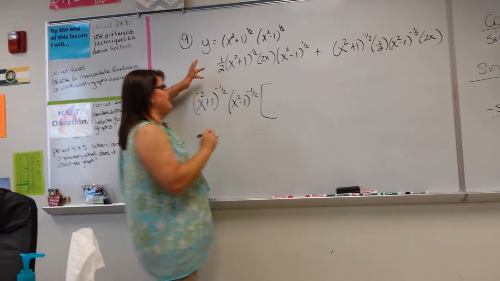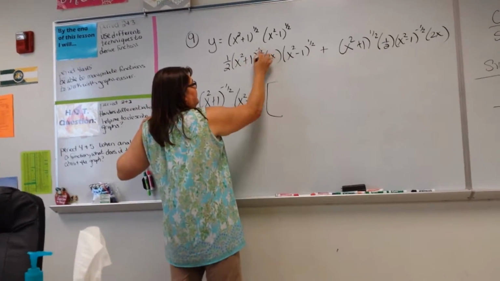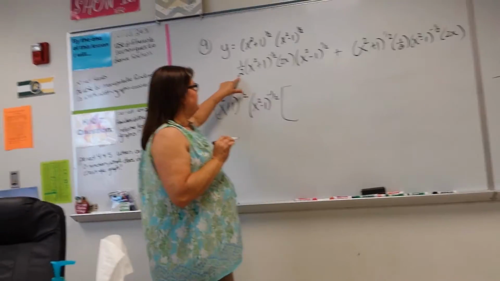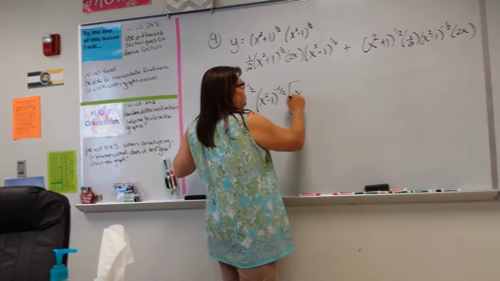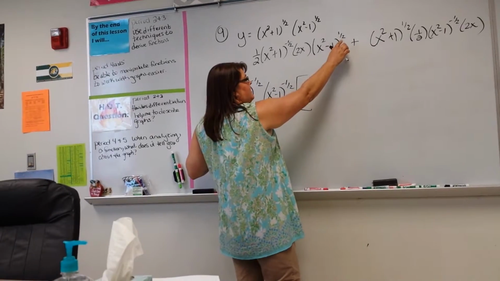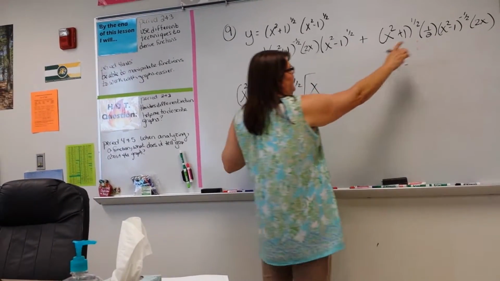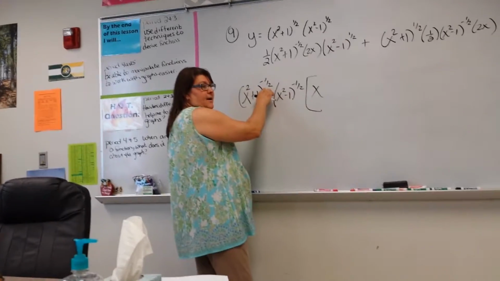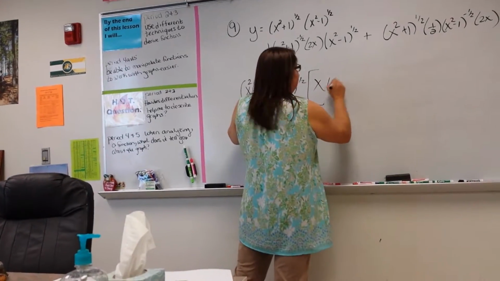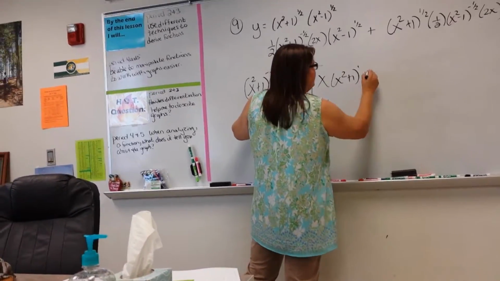Now, what's left I put in brackets. So do you agree basically that this is gone, right? And do you also agree that these two things multiply to give me an x? Okay. When I factor that out, remember, because I pulled out negative 1/2, it's 1/2 minus negative 1/2, which is one. So it's times x squared plus 1 to the first.